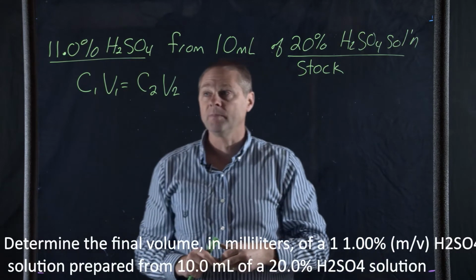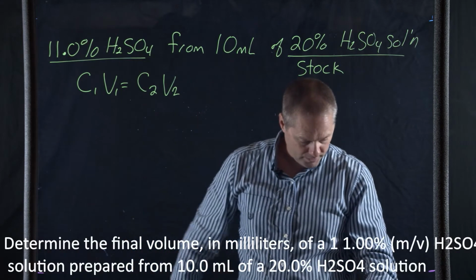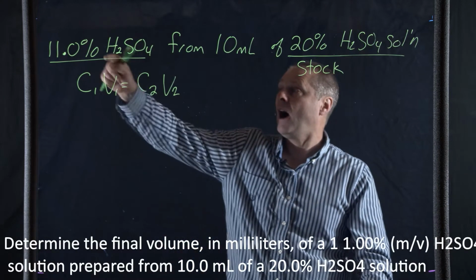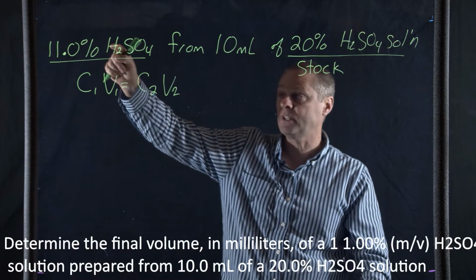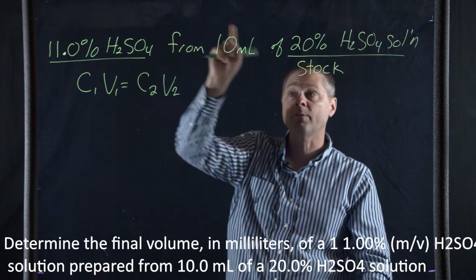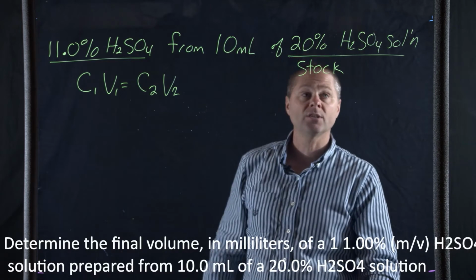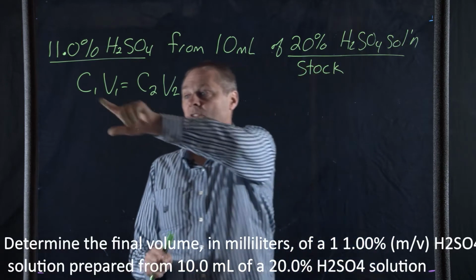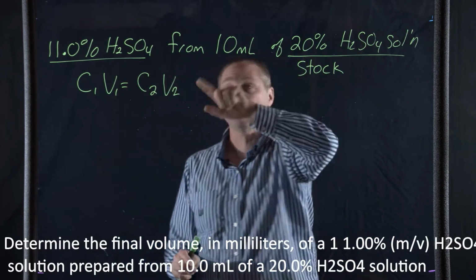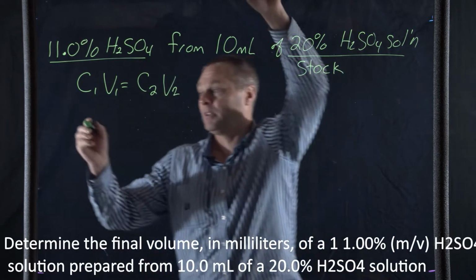So we want to determine the final volume. How much of an 11% solution are we going to make if we start with 10 milliliters of a 20% sulfuric acid solution? So C1V1 is the stock. C1 is going to be the 20%.